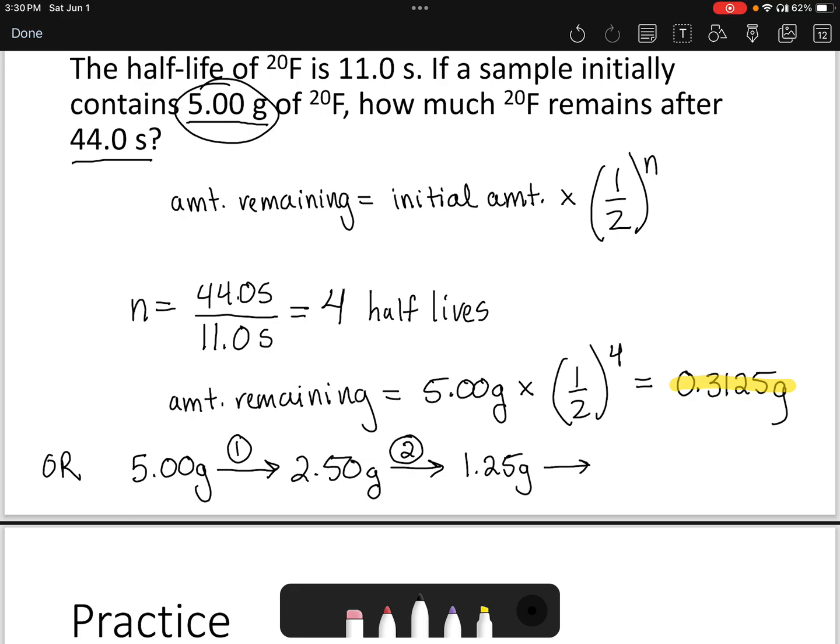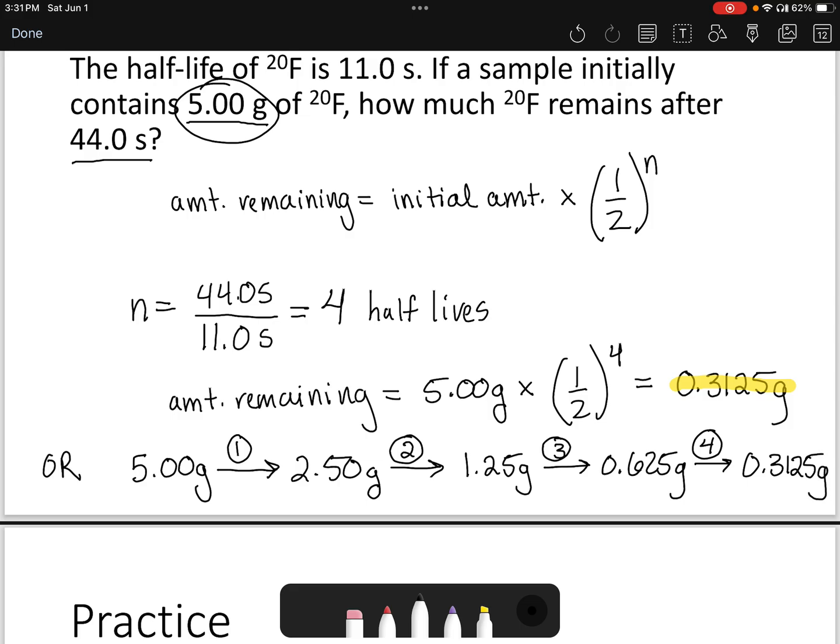And then after a third half-life, what's half of 1.25? I might need to plug that into my calculator. That would give me 0.625 grams. And then if we divide that in half again, so a fourth time, we get 0.3125 grams.